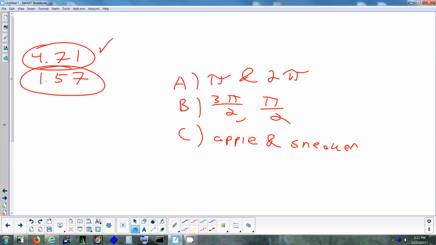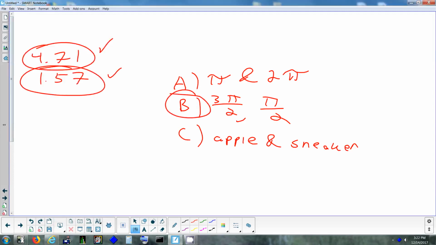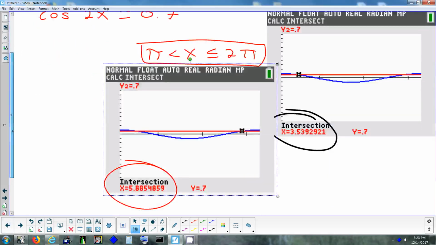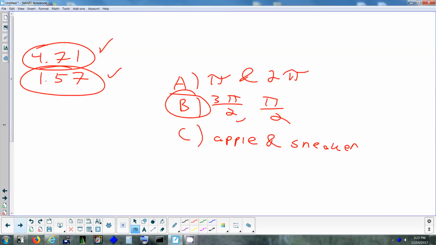So that's that one. And pi divided by 2 is 1.57. That's that one. The correct answer is B. So the reason I'm showing you that is because the calculator is never going to give you a fraction. The calculator is always going to give you a decimal, and it might not match up.